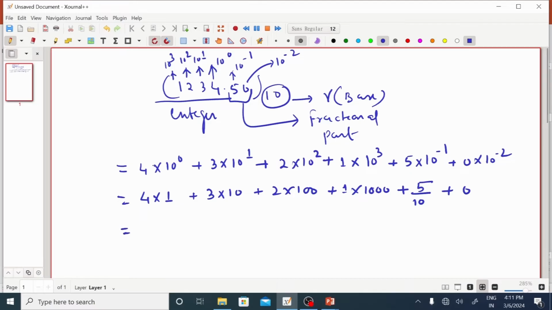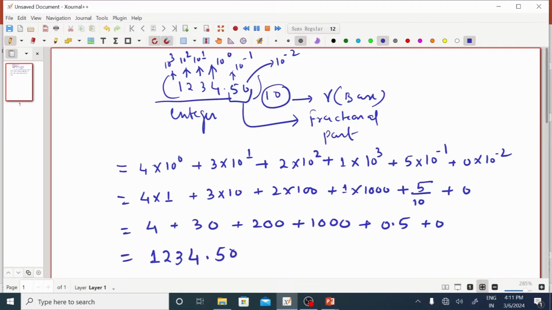That is 4 plus 30 plus 200 plus 1000 plus 0.5 plus 0. When we add these numbers, this is simply 1234.50 in base 10.